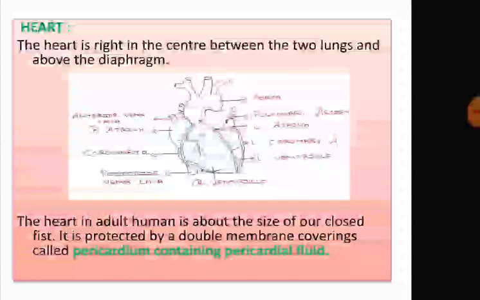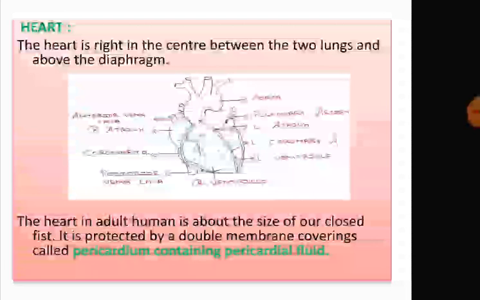The anterior vena cava is also called the superior vena cava, and the posterior vena cava is also called the inferior vena cava. These vena cavas bring deoxygenated blood. The anterior vena cava brings deoxygenated blood from the upper part of the body, including head, chest and arms.